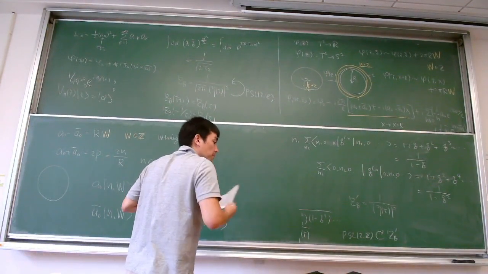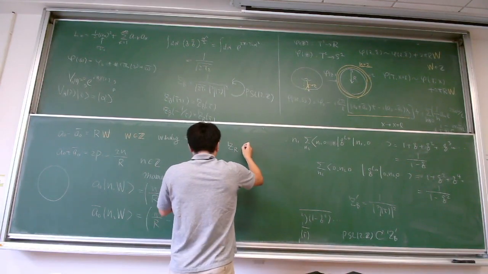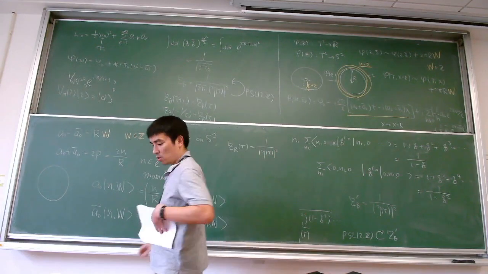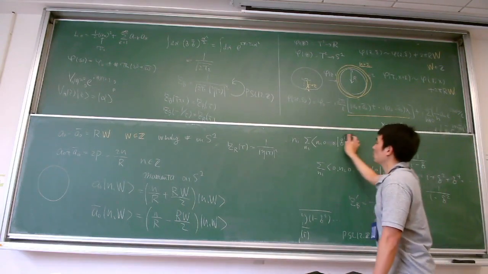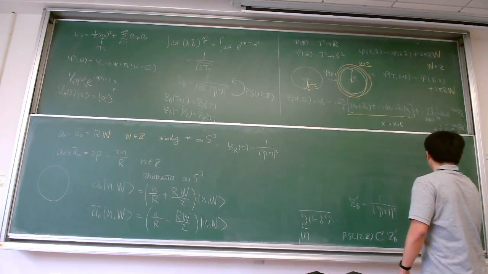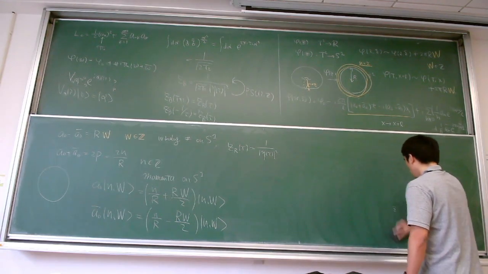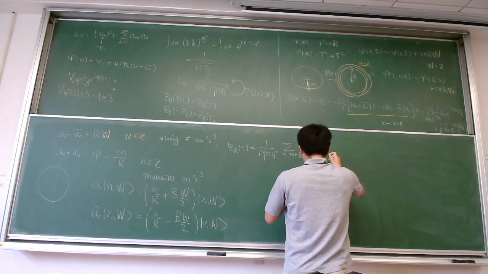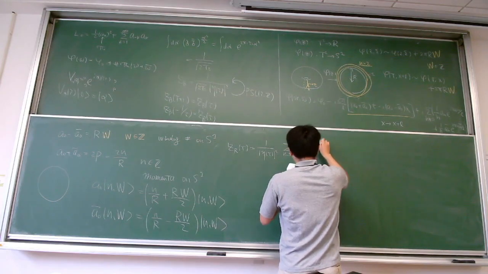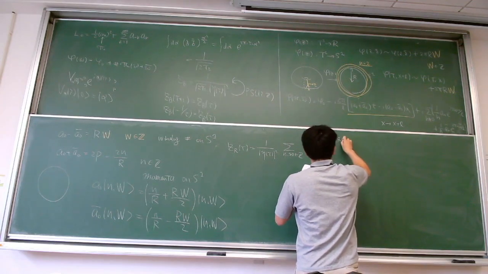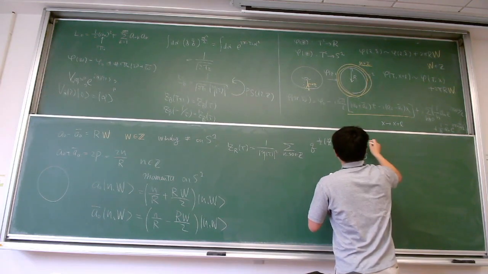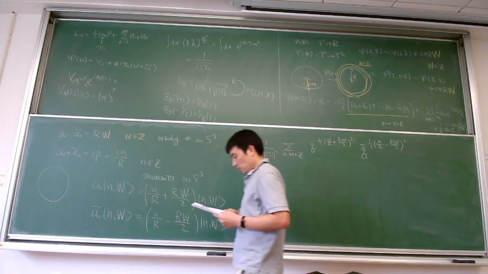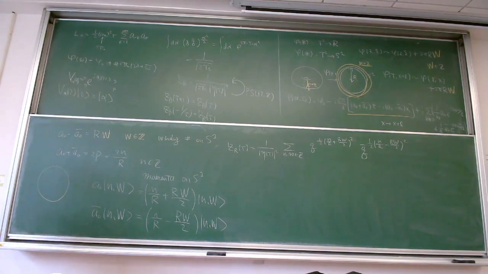So this compact boson radius R can be understood as the sum over n and w, which are integers, q to the power, so you have to sum over all the zero modes.